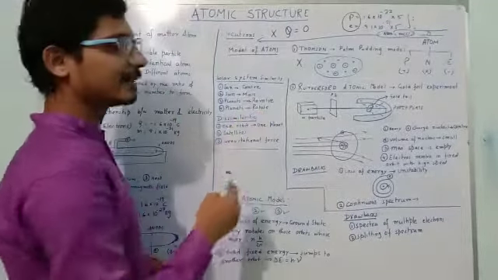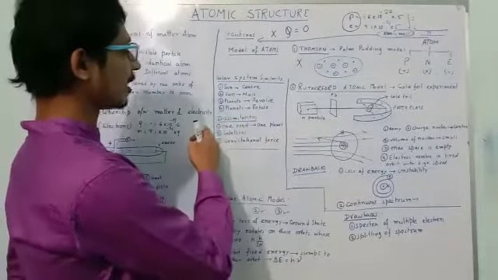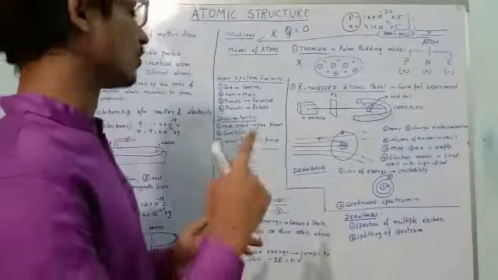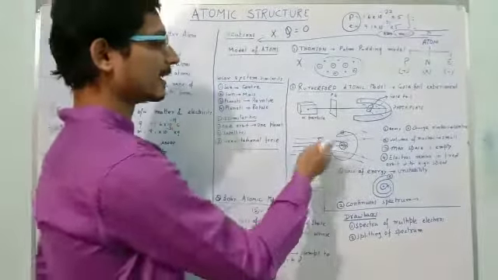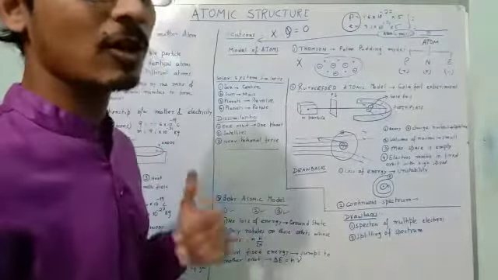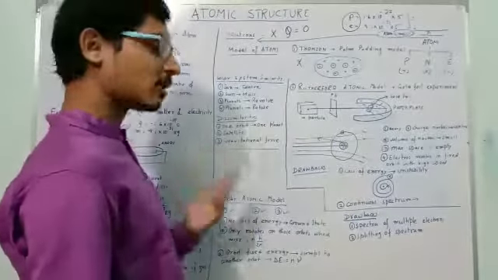But certain dissimilarities are there between the solar system and the atomic model. Number one, in our solar system, in one fixed orbit, only one planet is there. But here, there may be 2, 3, 4 or more than one electron in one orbit.